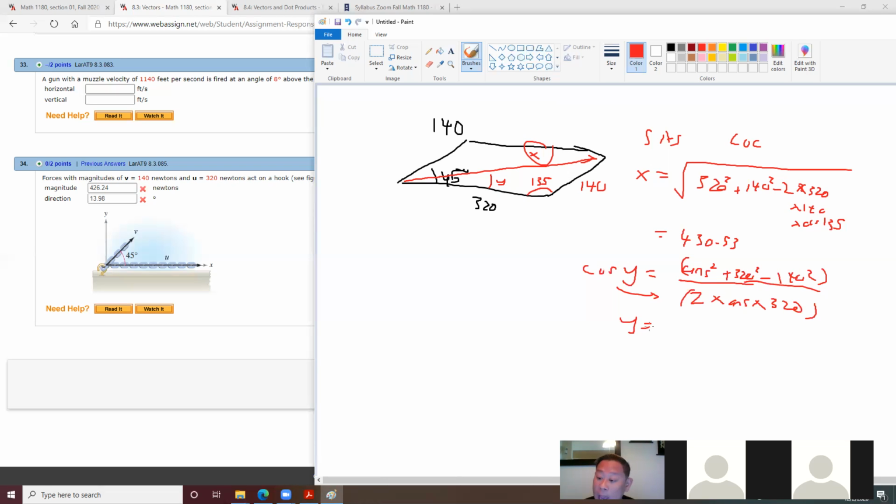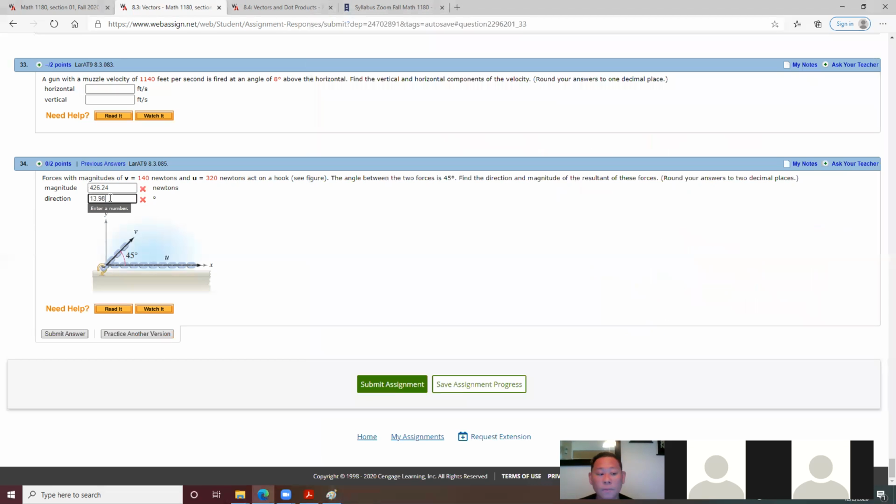And yes, in the test, you can use this way, it's not wrong. Your answer should be the same. So this is 13.29, and this is 430.53.